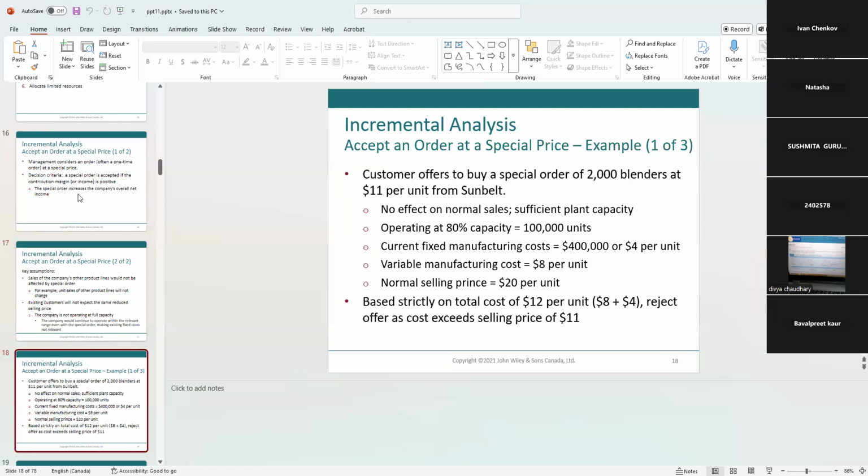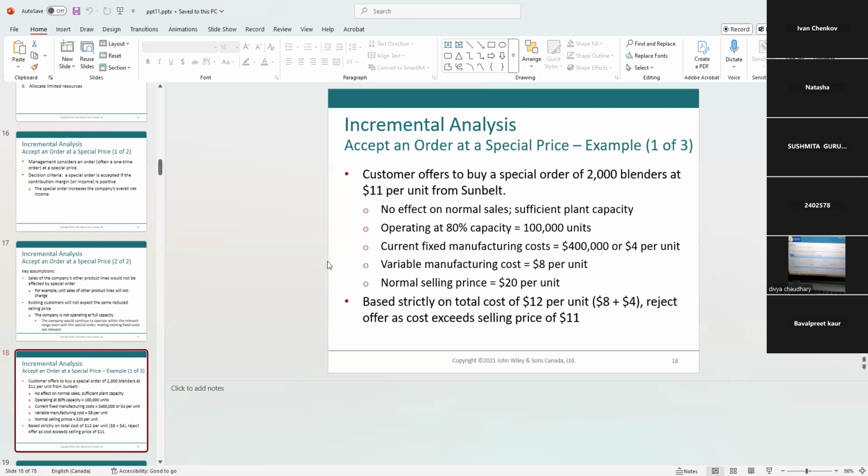In this case, a customer offered to buy a special order of 2,000 blenders at $11 per unit. That's not going to affect our normal sales. We have sufficient capacity. Currently, we're operating at only 80% of the capacity, so we have the capacity to make those 2,000 blenders.